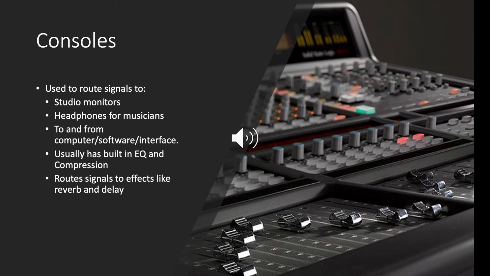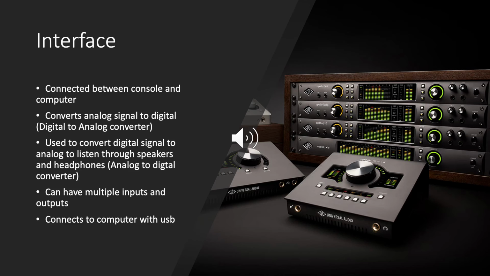So really, the console we have, which is pictured here, the SSL Matrix, it doesn't have any preamps. It's analog digital hybrid, but it's used to just process the signals and move them around. Well, move them around more than process.